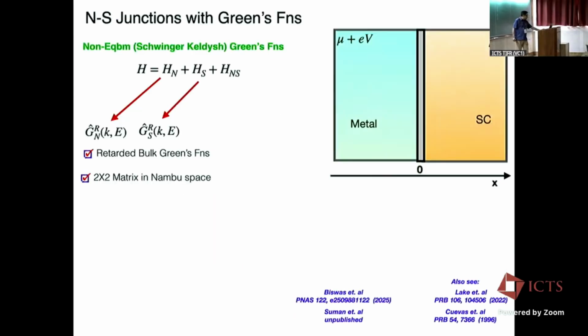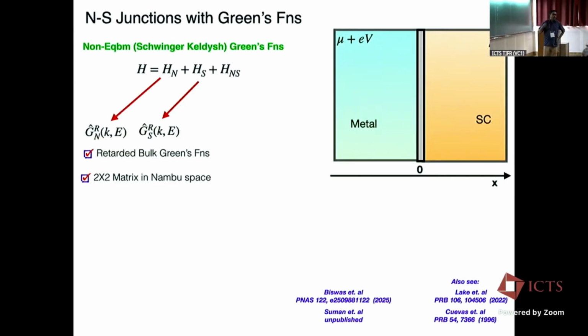Okay. And the way to do this is to solve the same scattering problem by using Green's function techniques. Because you will be at non-equilibrium with a current flowing through, you need to use what are known as Schwinger-Keldysh Green's functions. So you think of a bulk Hamiltonian for the metal, a bulk Hamiltonian for the superconductor. And the idea is, instead of specifying what the bulk Hamiltonian is, you specify that there's a bulk Green's function. Okay?